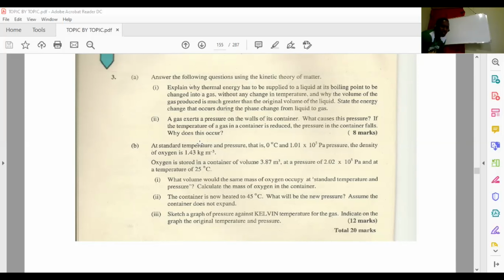Oxygen is stored in a container of volume 3.87 meter cube and a pressure of 2.02 times 10 to the 5th Pascal at a temperature of 25 degrees Celsius. What volume would the same mass of oxygen occupy at standard temperature and pressure? Calculate the mass of oxygen in the container.